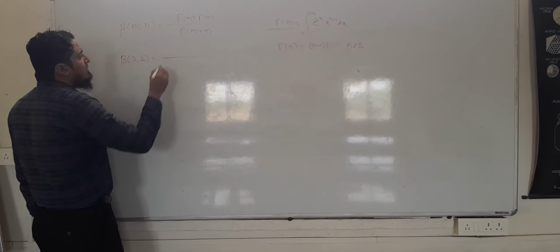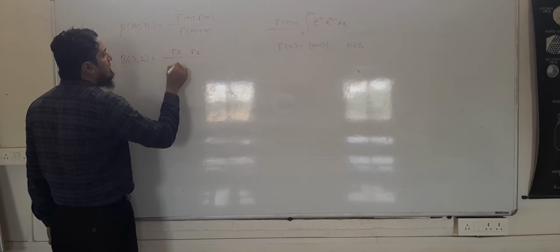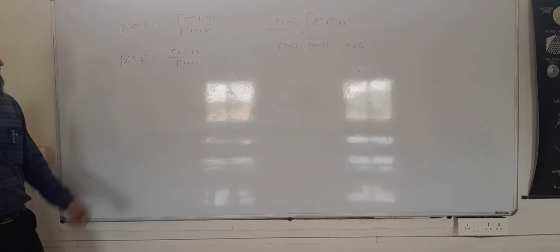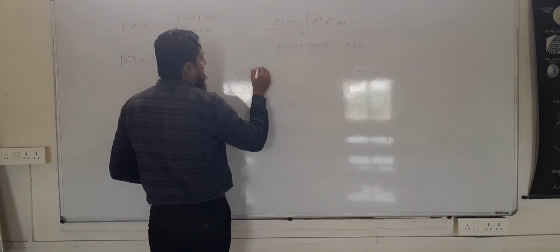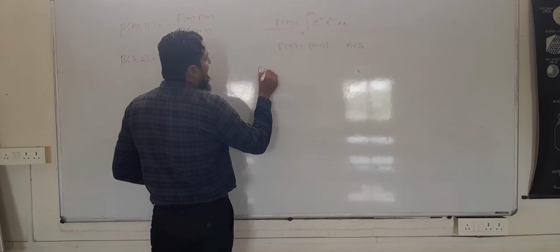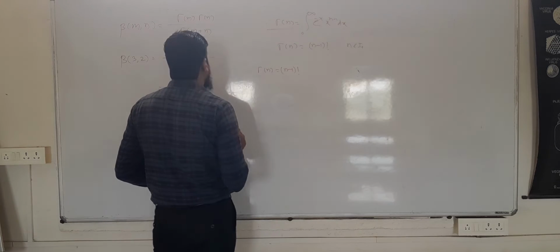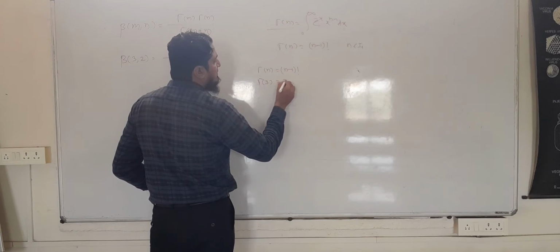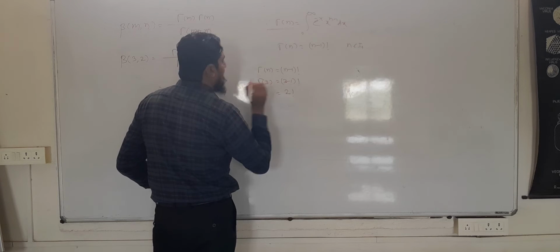then with the definition or with the property we will get gamma of 3 into gamma of 2 upon gamma of 3 plus 2. Correct? Now gamma of 3, since gamma of n is equal to n minus 1 factorial, is 3 minus 1 factorial, that is 2 factorial.